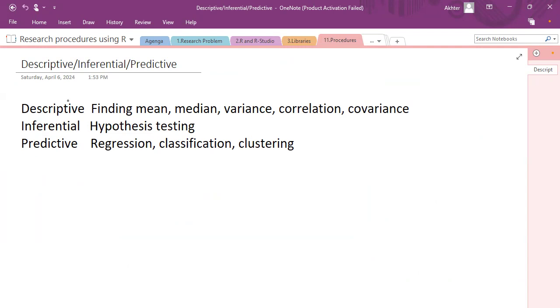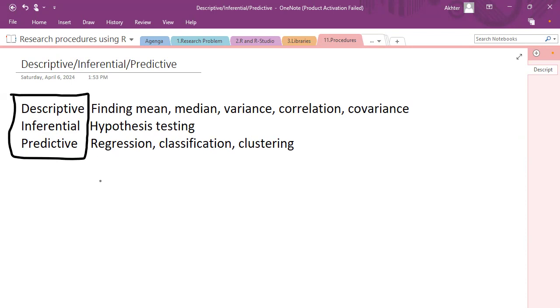There are three major types of procedures in data science and machine learning. These procedures are mentioned here: descriptive procedures, inferential procedures, and predictive procedures. These are the three important types of procedures.